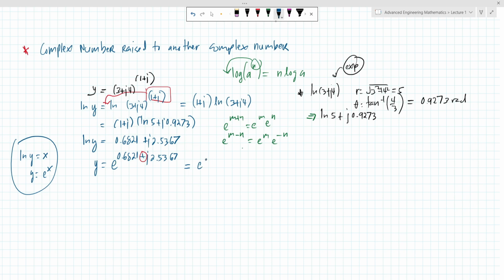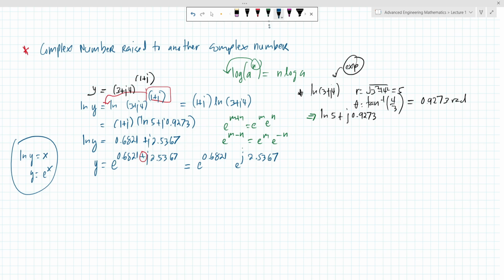So this one can be written as e raised to 0.6821, and then e raised to j 2.5367. Observe the terms here.